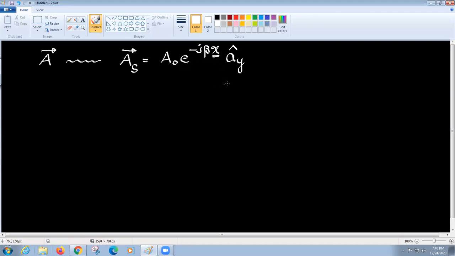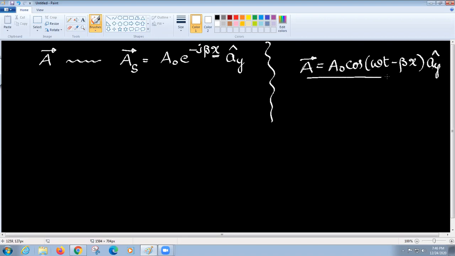Now there is something interesting. What is our A? Already we took A in the question. We had A like this: A is equal to a naught cos of omega t minus beta x, in the y direction.